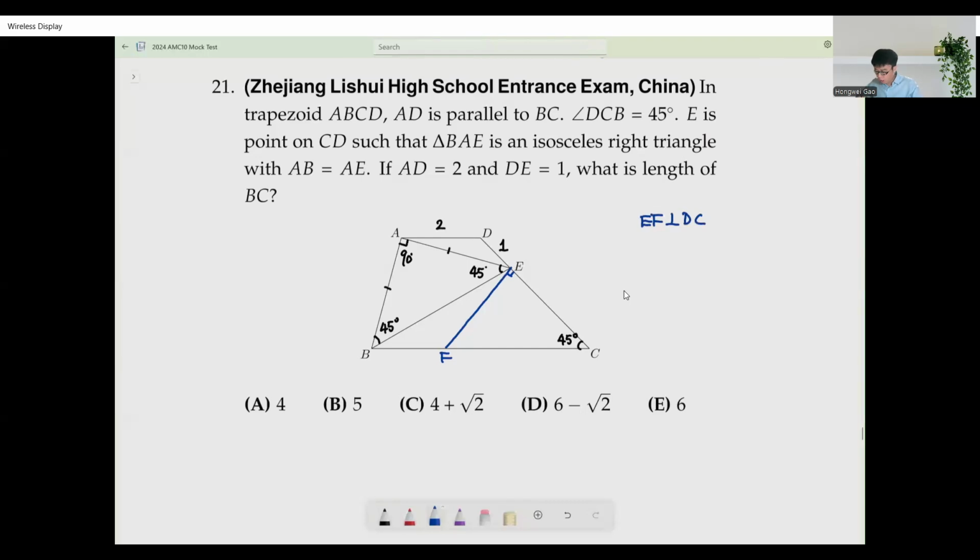So in this way, we know that angle C is 45 degrees. Angle CEF is 90 degrees, which implies angle EFC is 45 degrees. So if that's the case, we have the angle BFE is 135 degrees.